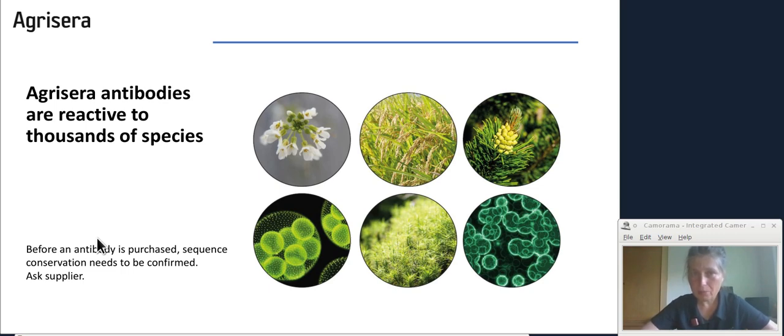This is extremely important, and such predictions are very accurate according to our experience. So you can save your very precious time in the lab by doing a sequence conservation check.